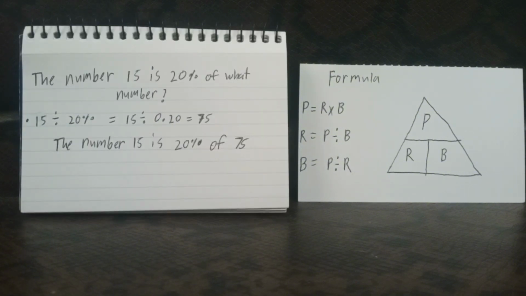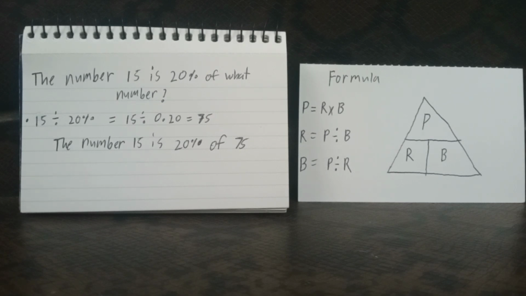And for our final example, the number 15 is 20% of what number? As you can see, we have 20%. It has a percentage sign, so that will be our rate. And we have "15 is," so the word "is" is there. So 15 will be our percentage. So what are we looking for? We are looking for the base. So let's look at our formula paper. Since we are looking for the base, what should we do?